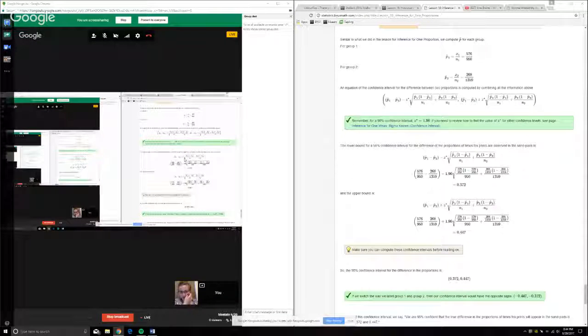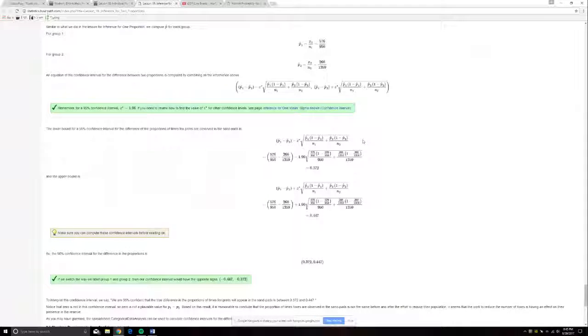Thanks. Okay, do you see this right here? Where's your mouse? Oh, I see it now. This one? Yes. That's what I'm using, but we're just using this part. So you don't do the P1 minus P2 part.